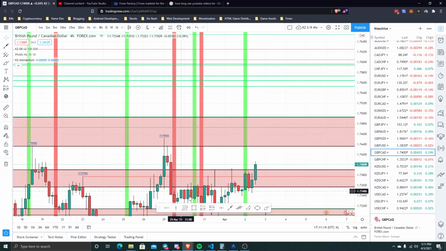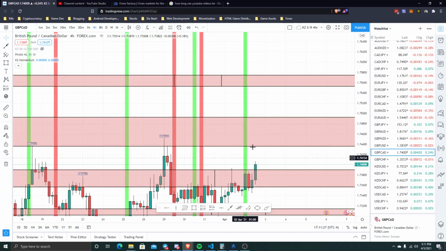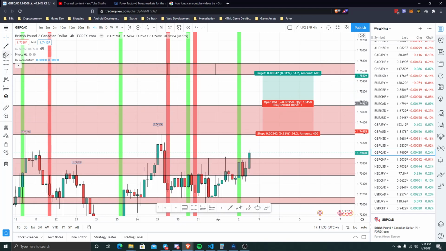Let me draw my next zone up here. Okay, so if price breaks above this zone right here, I might go in for the trade right here. But that's only if it continues to go to the upside here.